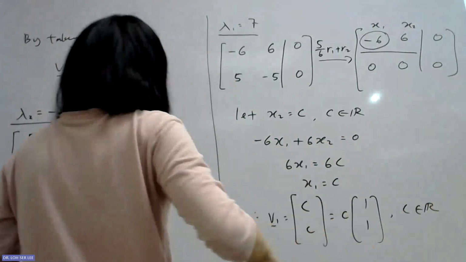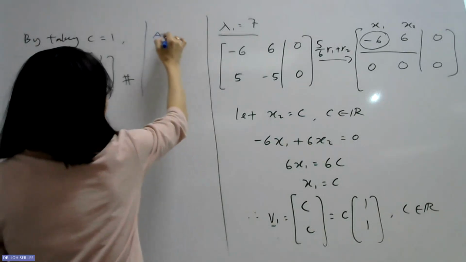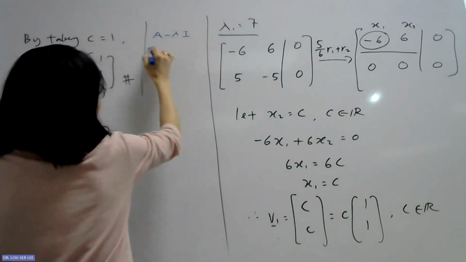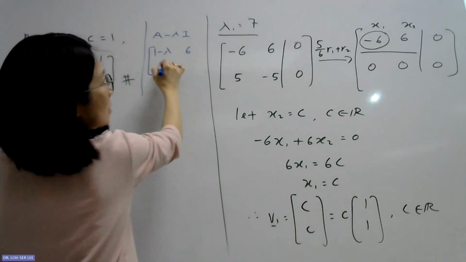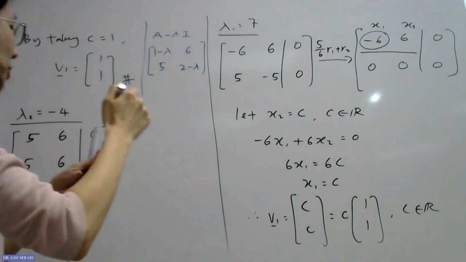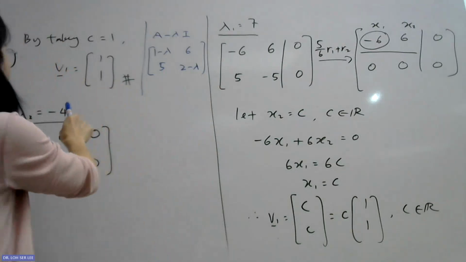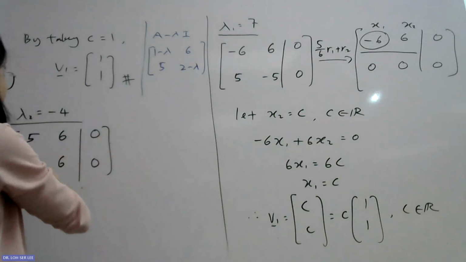Just now you have A minus lambda I as 1 minus lambda, 6, 5, 2 minus lambda. This is your A minus lambda I. So you substitute your lambda 2 into this, you get this.